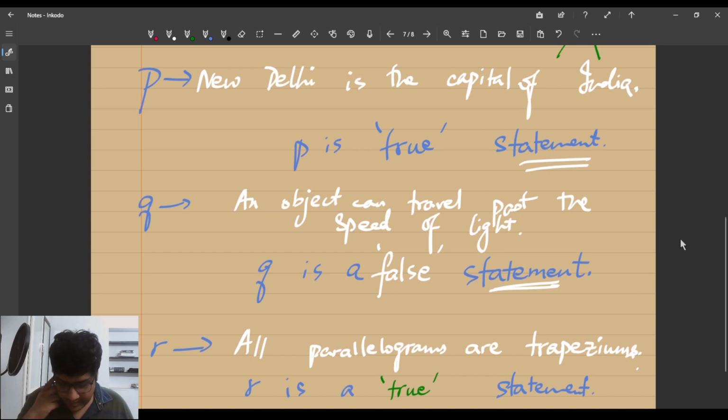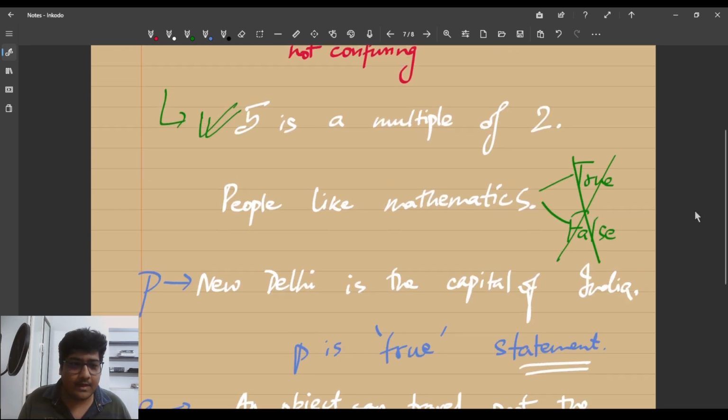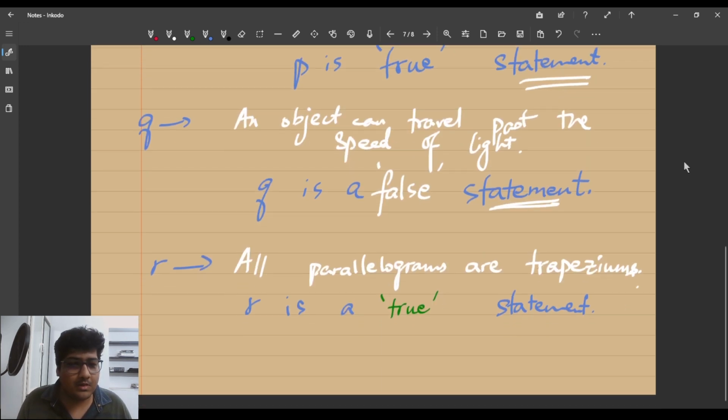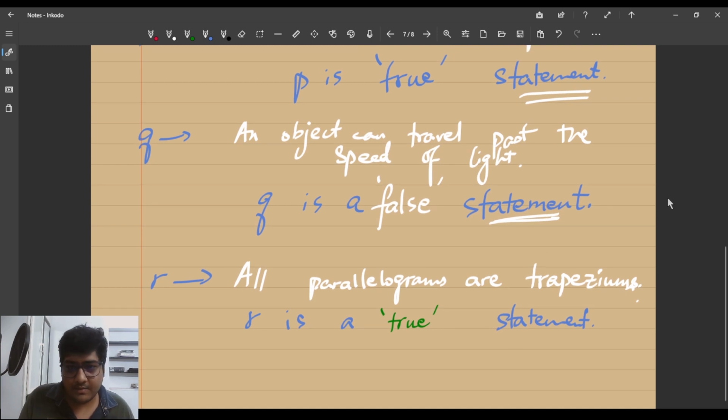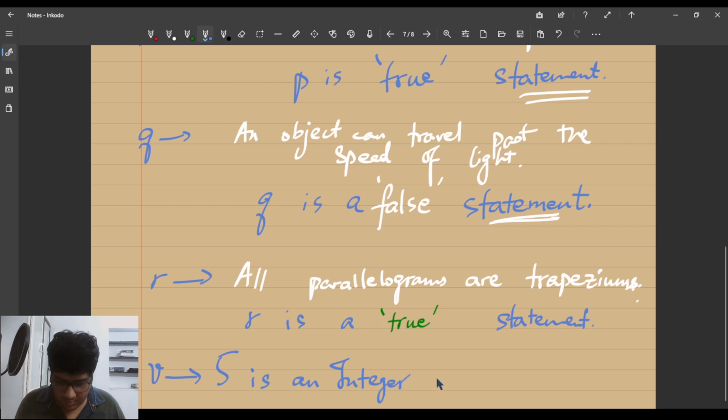So these are a few statements we saw, and now let us see yet another one. V is a statement: 5 is an integer or a whole number.